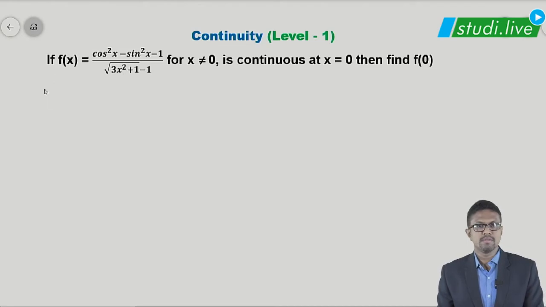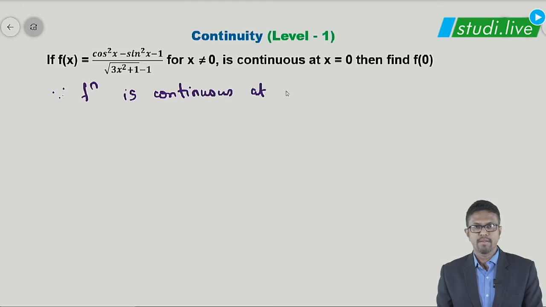So since the function is continuous at x equal to 0, the function value and the limit value are going to be equal.